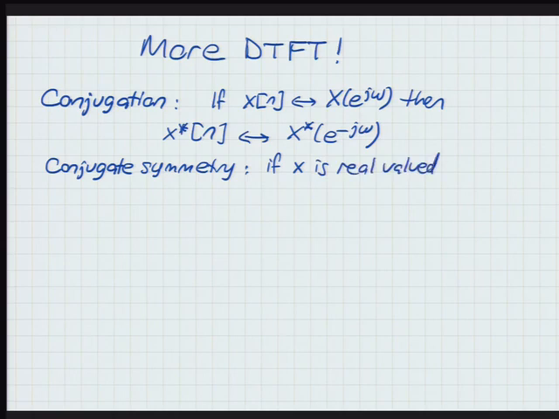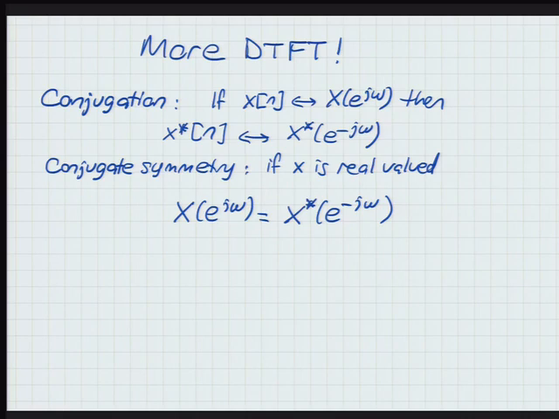And therefore X(e^{jω}) has to be the same as X*(e^{-jω}). So if you compare positive omega to negative omega, you'll see this kind of symmetry. The left-hand side is the complex conjugate of the right-hand side. If it's real, even better. They are the same.